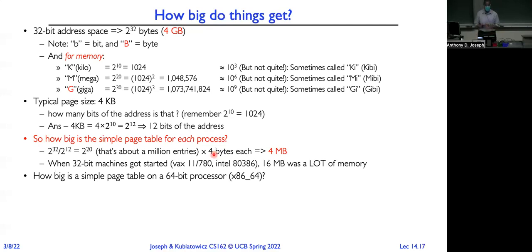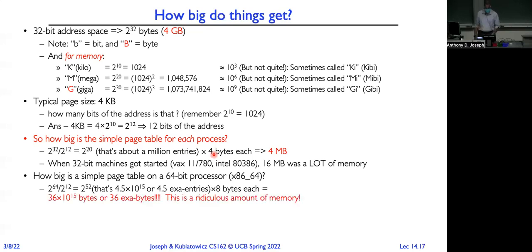What about a 64-bit machine? Well, if you think about it, 2 to the 64 divided by 2 to the 12, how many virtual pages are we going to have?